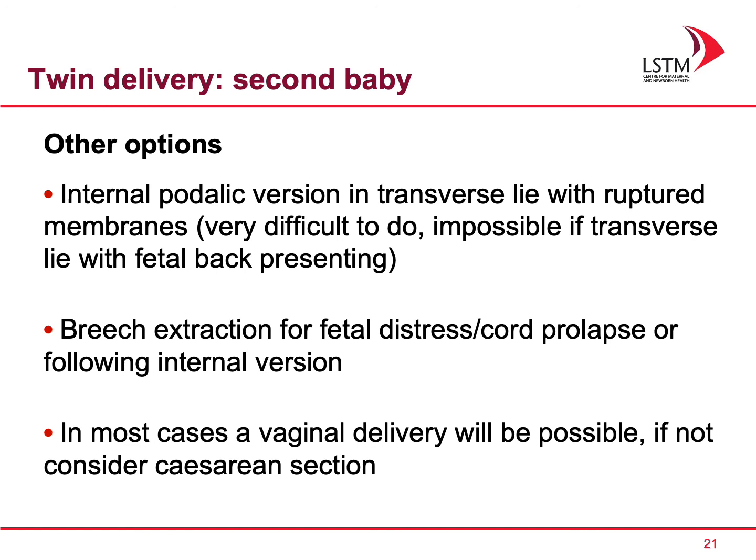It's very difficult to do, impossible if the baby is in transverse lie with the fetal back presenting. We can also do breech extraction for fetal distress, or when we have cord prolapse or following an internal version. In most cases, a vaginal delivery will be possible. If not, we should consider a cesarean section for this mother.